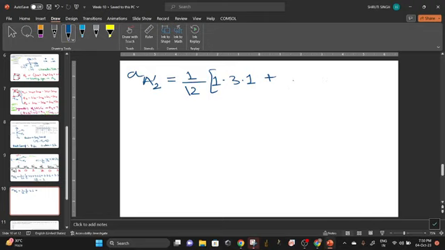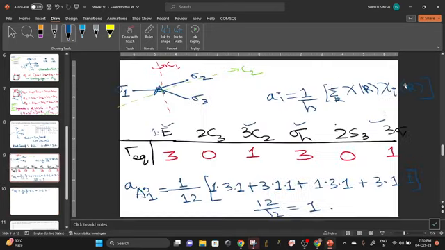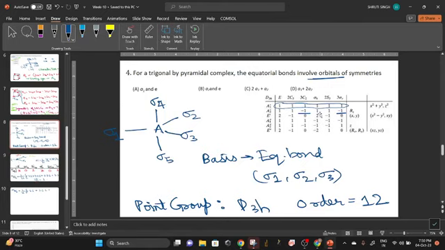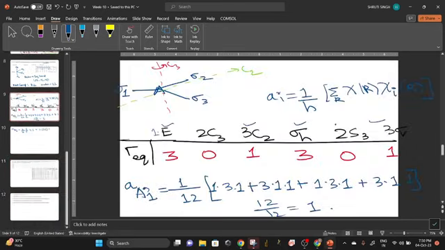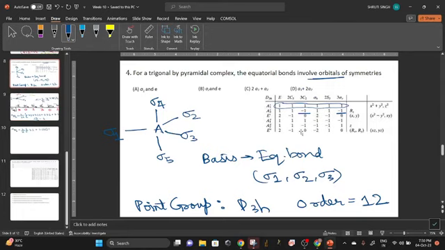For C2 it is 3 into 1 into, I made some mistake, so for C2 it is minus 1. So this is E, this is C2.